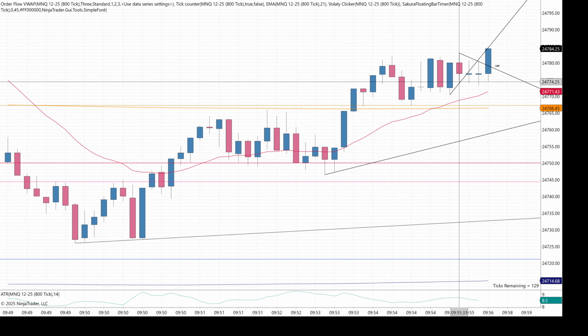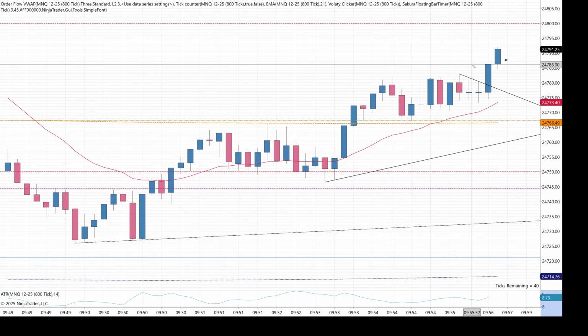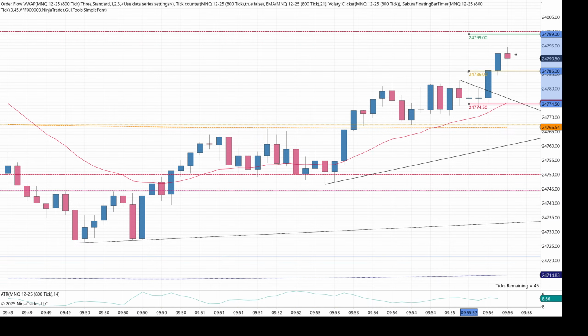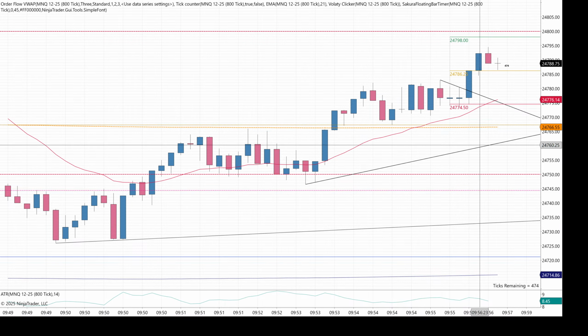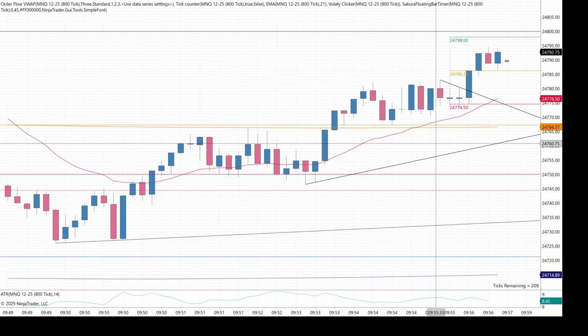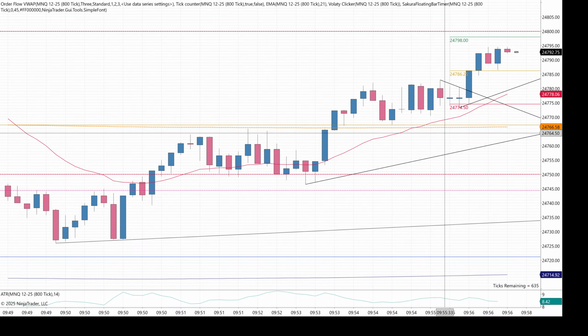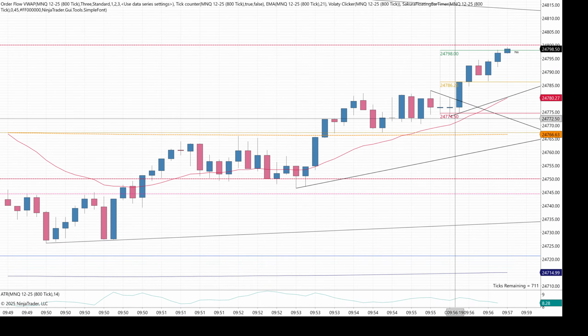And then this would be the trade that stopped us out, so I don't recommend we take this one either, even though it looks so nice. All right, it hit target.